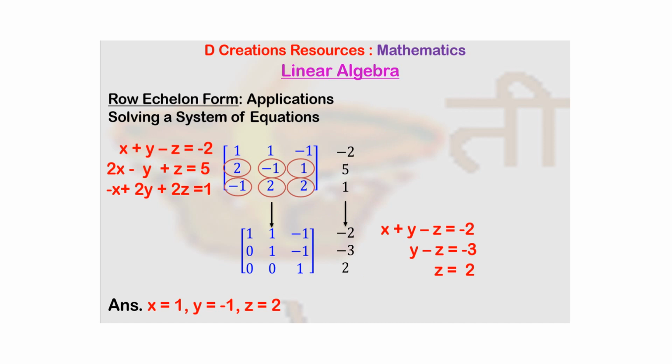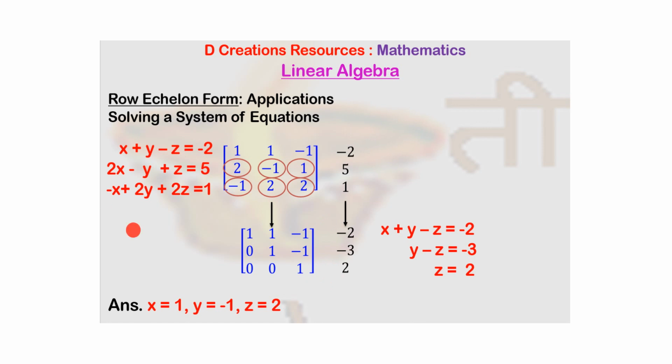How we eliminate entries in order to solve a system of equations, we are doing the same thing, but with matrices it becomes much easier. And now if you put it back into the form of equations, this is x plus y minus z, because here there would have been a column vector x, y, z.